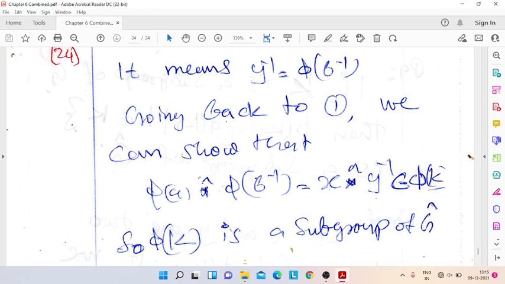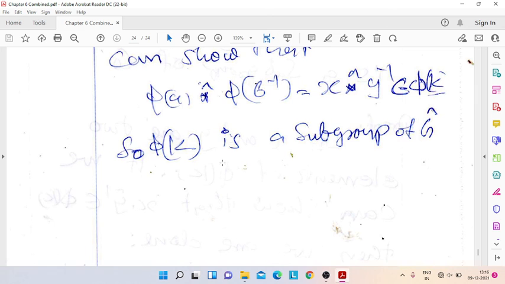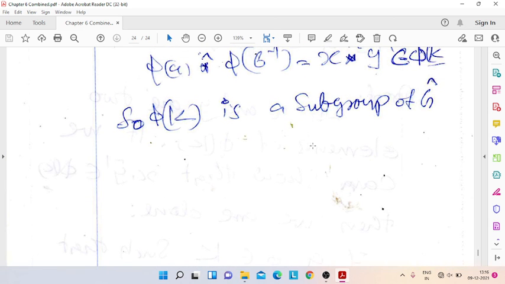Then we get that x star y inverse is an element of phi k. So phi k is a subgroup of G. Okay, that's the end of the discussion of the properties. Okay, thank you.